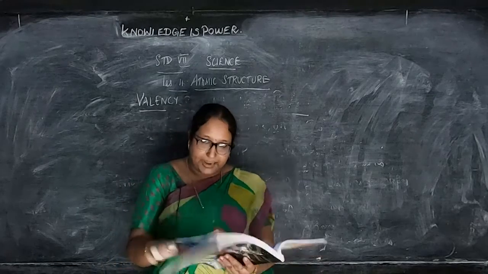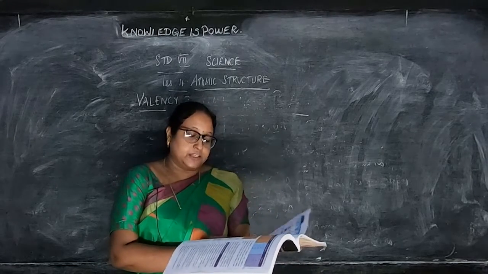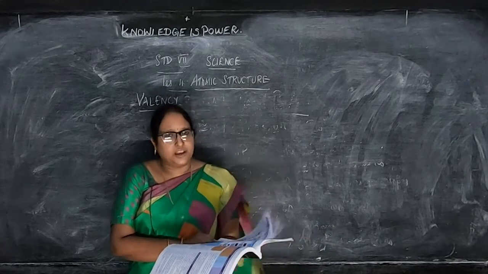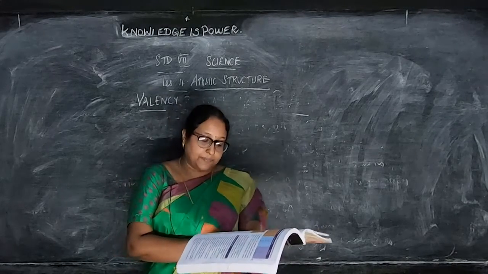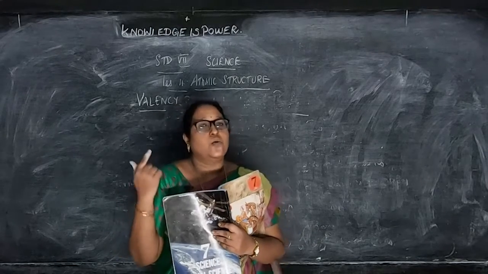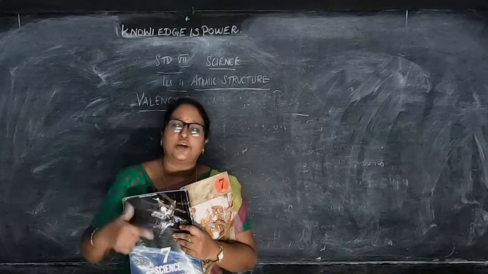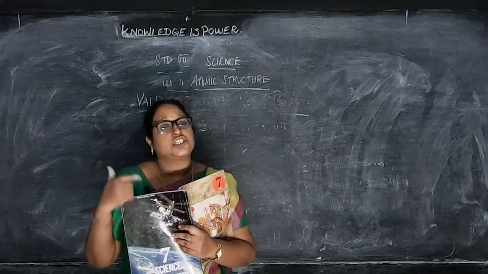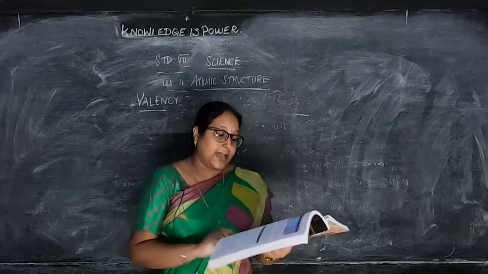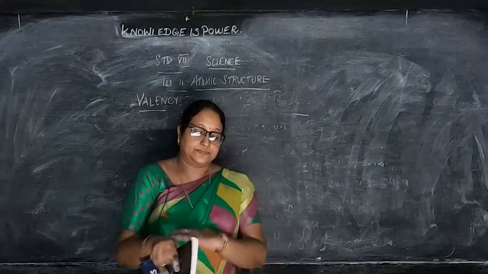So, in the same manner, atoms can share 1 electron or 2 electrons, 3 or 4 electrons, but some do not share any electrons. So this property is called valency.